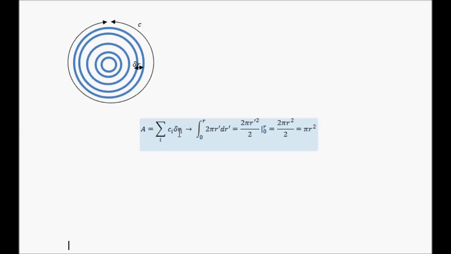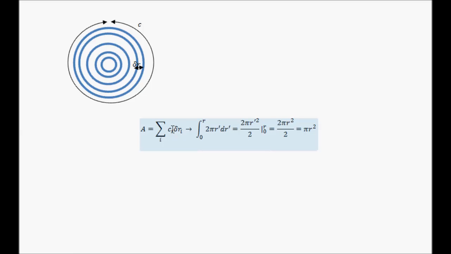So this delta r becomes a dr', and I've used a dash because I want to illustrate that it's the radius of each individual circle, not the radius of the big one that we're trying to calculate. So it's each individual one, and we're summing up all of them.